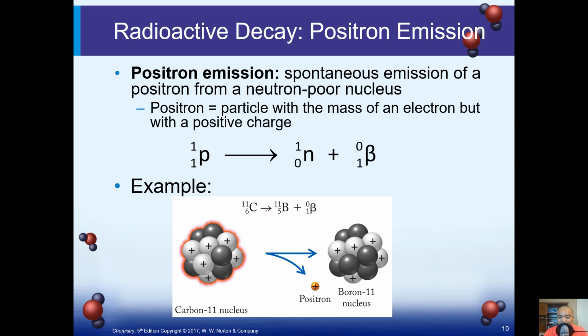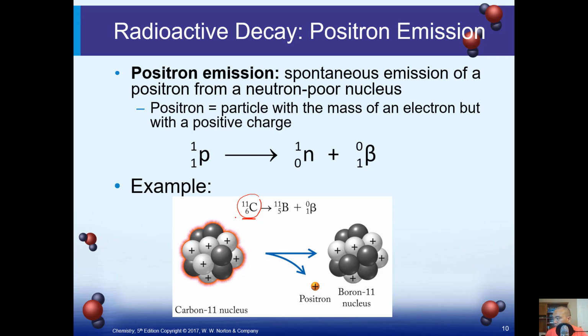As an example, consider the decay of carbon-11. It has 6 protons, but only 5 neutrons. For this reason, the neutron to proton ratio is smaller than 1:1. Note again the conservation of the mass and charge in the nuclear reaction.